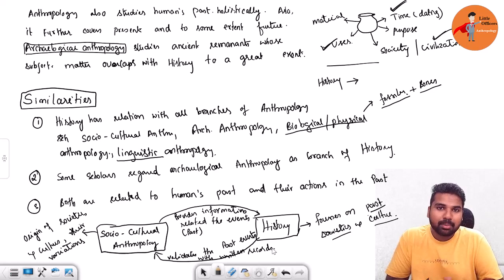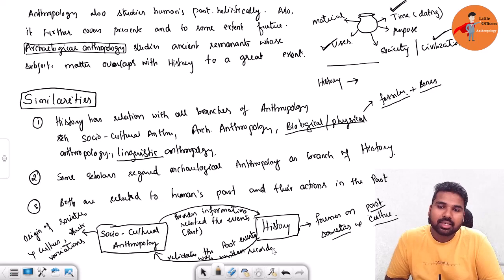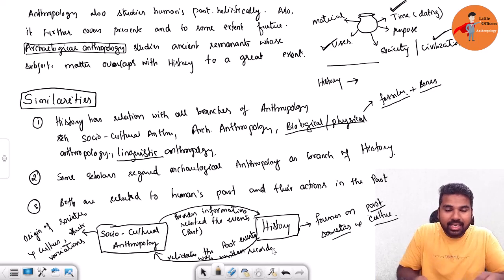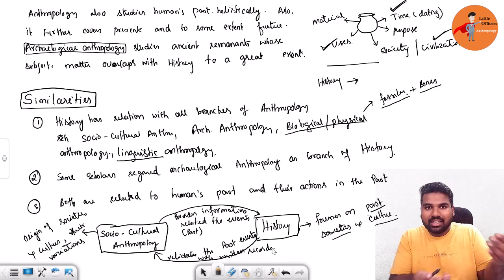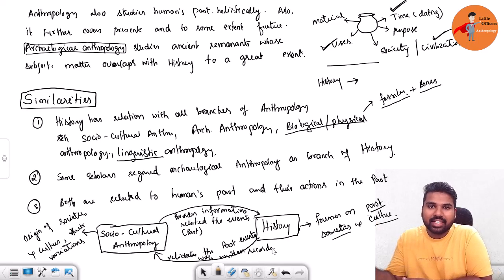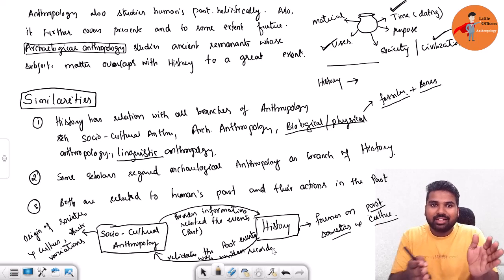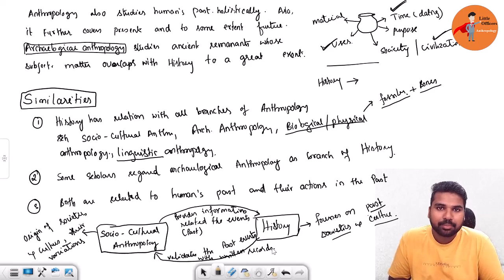Both of them are validated, and the information will be passed on. So this is how the validation of past events with written records is done, and that validation will be taken by socio-cultural anthropology to put those events, using whatever techniques it has, let's say dating technologies, and then getting that validation and further information, it will further classify the events and put them in a sequential manner. So this is how both of them help each other.